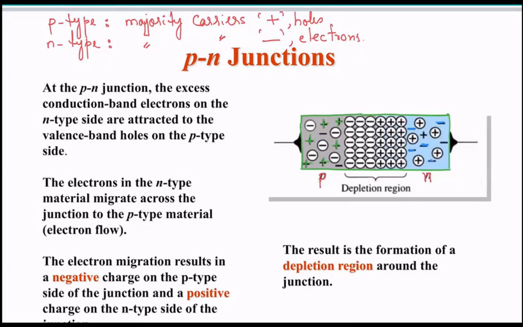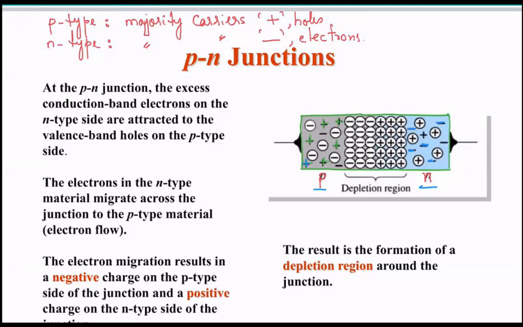When I combine these two materials, the p-type material and the n-type material, P having majority carriers as holes and N having electrons as majority carriers, keeping in mind what we learned from week 1, there's electrostatic force that exists between the oppositely charged materials.